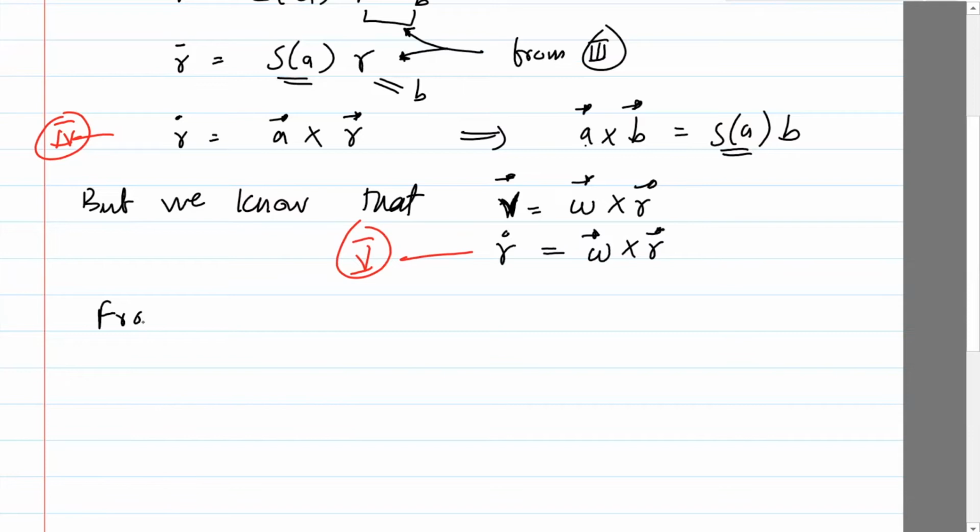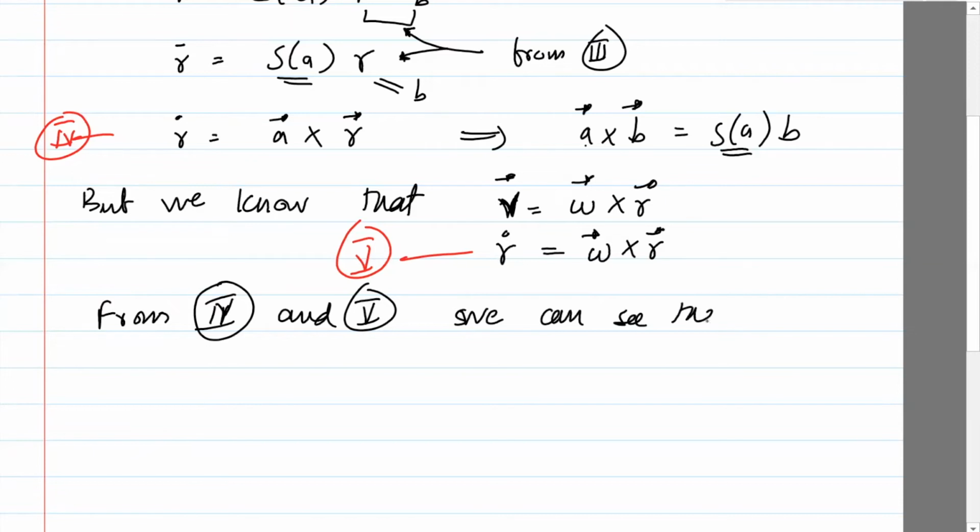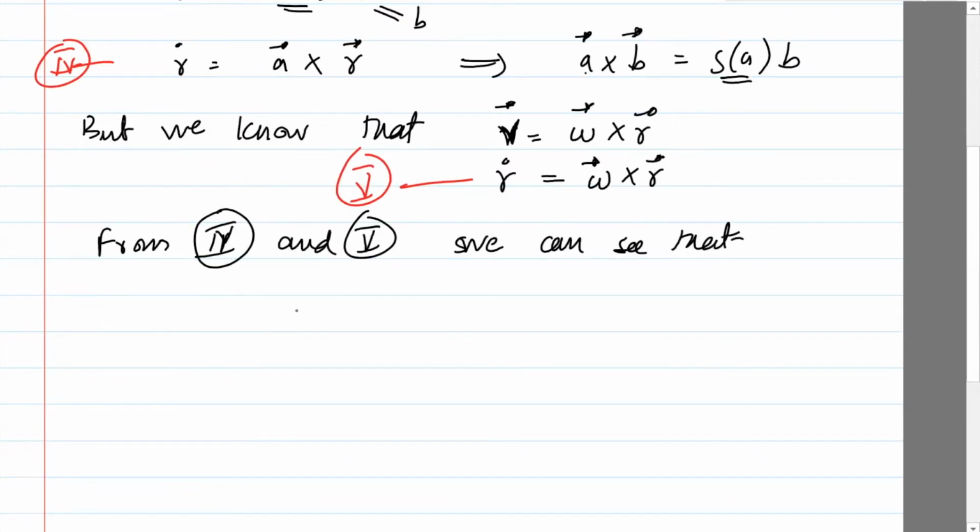From 4 and 5, we can see that A has to be equal to omega. So the angular speed is the thing which is inside the skew symmetric matrix.